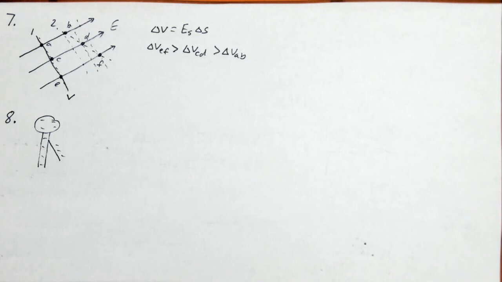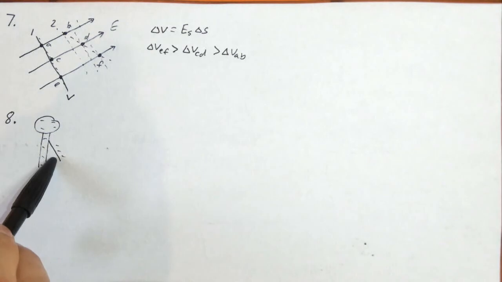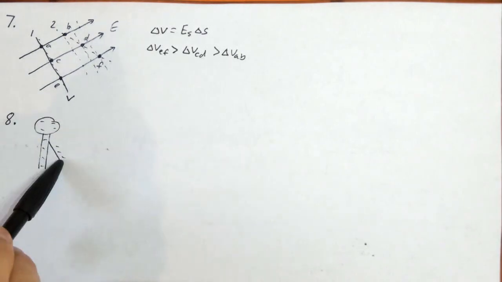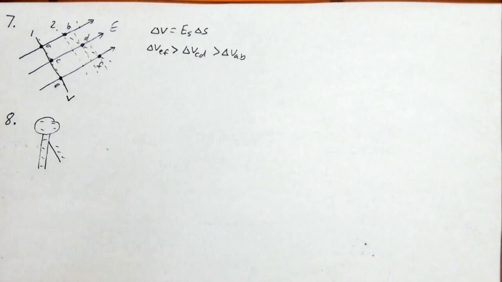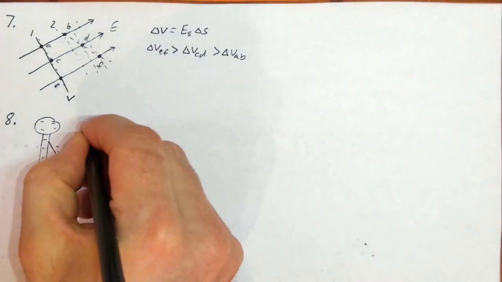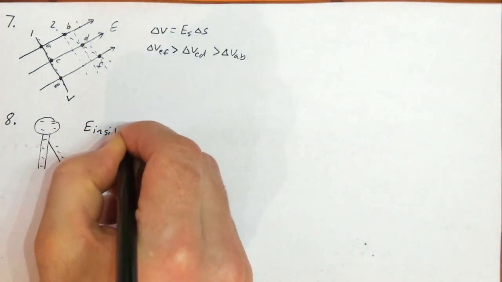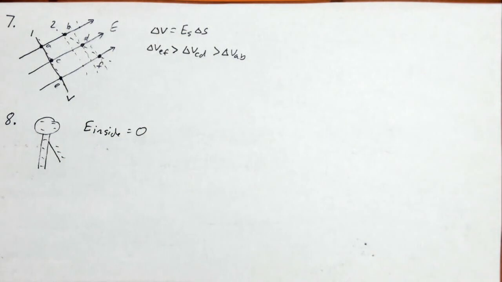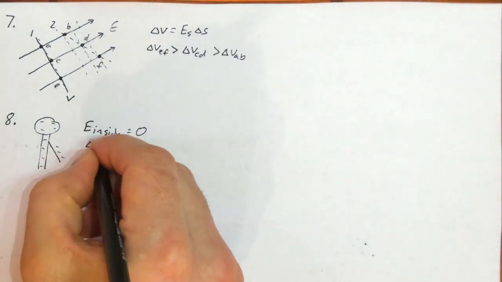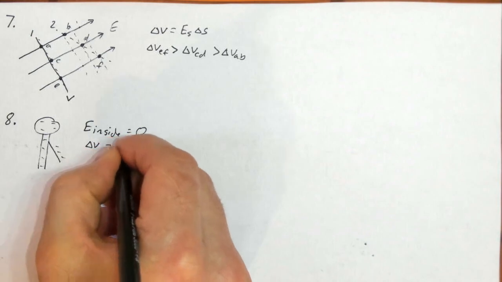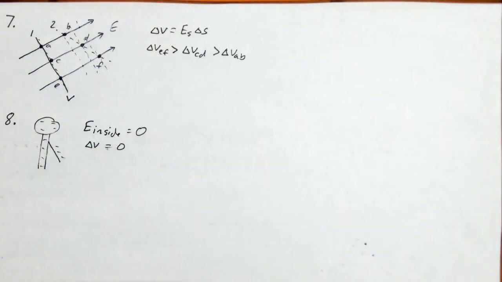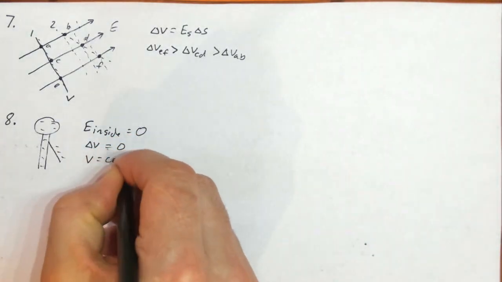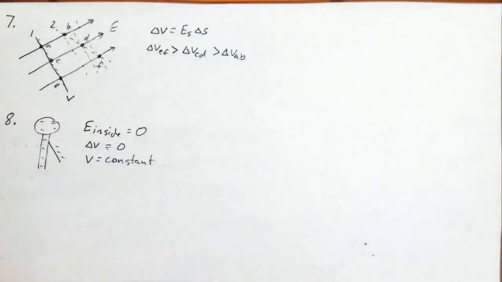How do we find that out? This is a conductor. This is all metal. That's why the electrons can move freely throughout it, and they've reached some stable state, which means this is a conductor in electrostatic equilibrium, which means the electric field inside equals 0 everywhere, which means that the potential difference is 0 everywhere, which means V is constant everywhere.